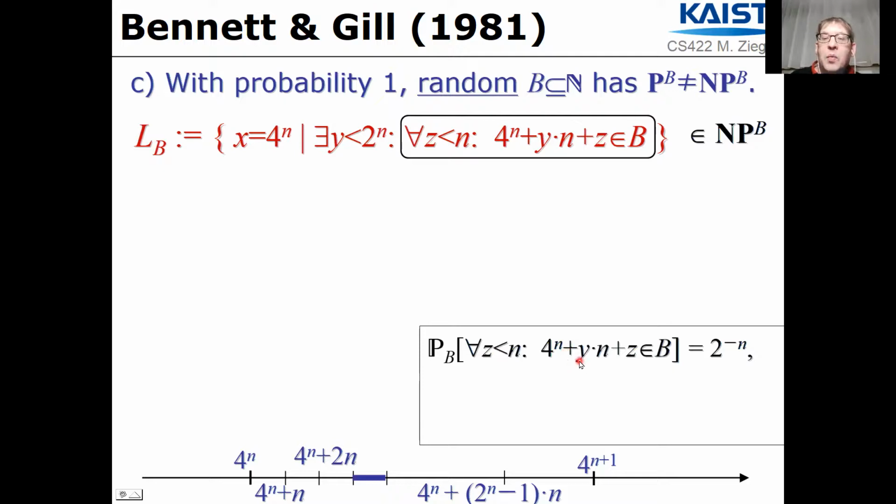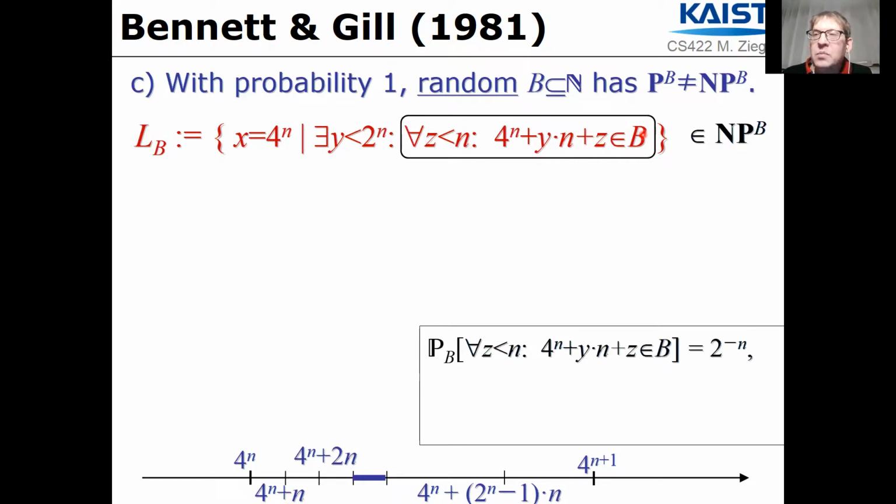Regardless of what y is, this does not depend on y. It's just because this interval contains n natural numbers, and for all of them to end up in the random oracle means that n times the random process in constructing the oracle must have resulted in a heads-up coin flip.